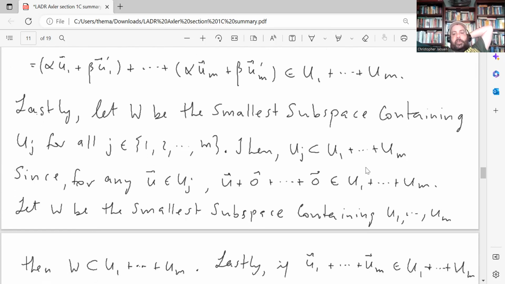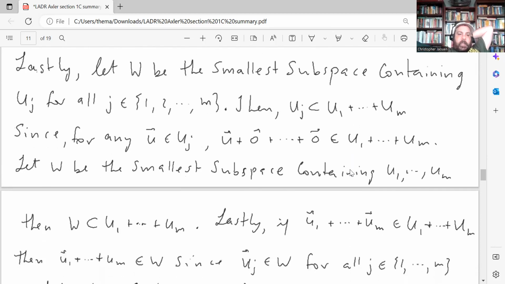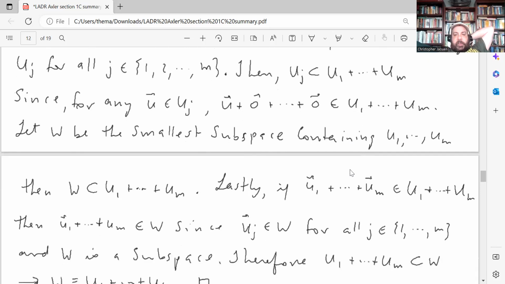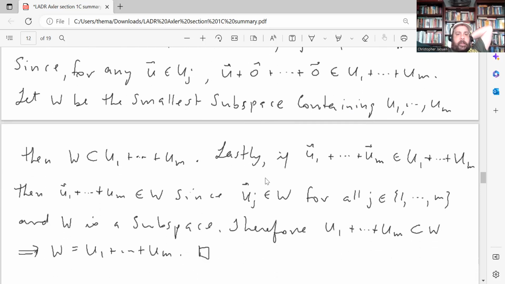So U1 plus ... UM contains each subspace U1 through UM as well. And if you assume that W is the smallest subspace containing those subspaces U1 through UM, then obviously W is a subset of the sum because the sum contains all of those things, right? It is also a subspace containing all of those subspaces.